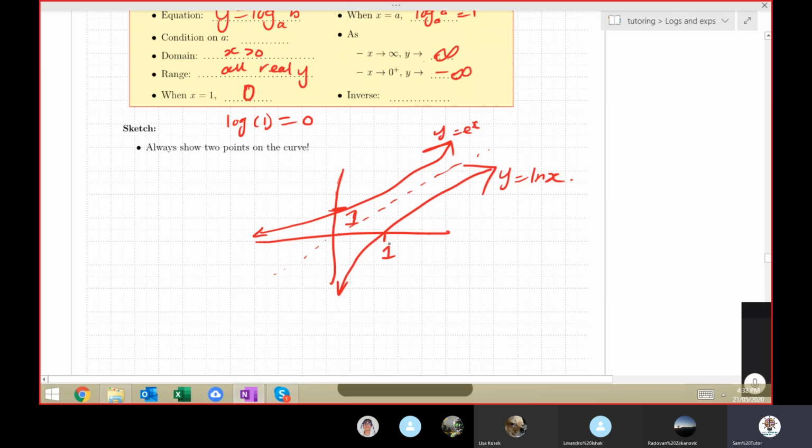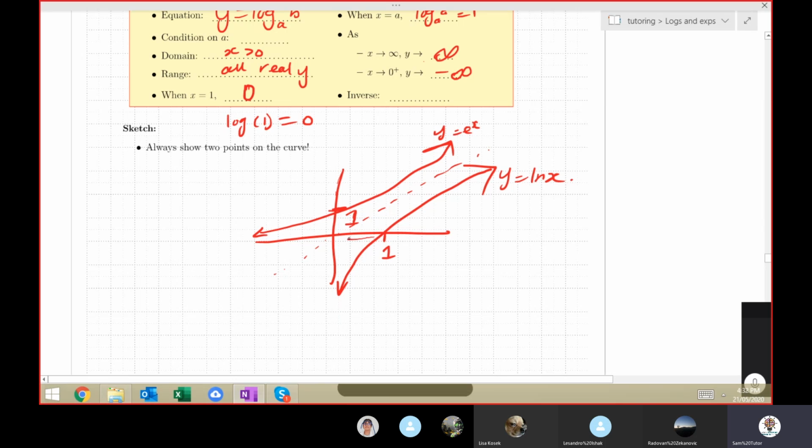You can see from the log graph, as x is approaching infinity, your y value is approaching infinity. As x approaches negative infinity, no, x can't approach negative infinity. X is approaching 0 only. As x approaches 0, your y value approaches negative infinity. Can we see that?